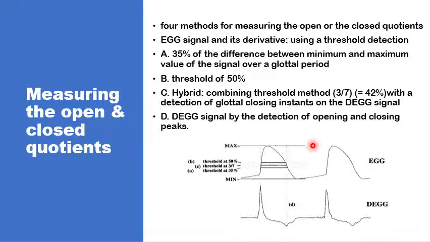Identifying the exact point of the start and the end of the closed phase and the start and the end of the open phase is important in measuring the open and the closed quotients of the vibratory cycle.